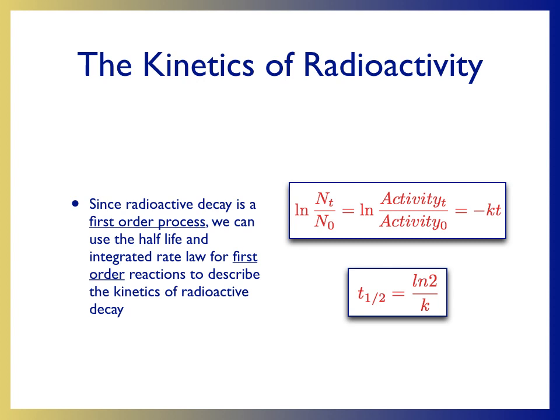Note that since the number of nuclei is directly related to the activity, we can use the ratio of activities or number of nuclei or amount of radioactive sample as a means to measure the age of a certain artifact.